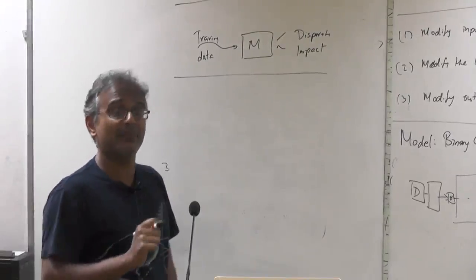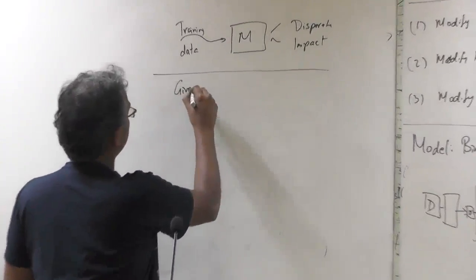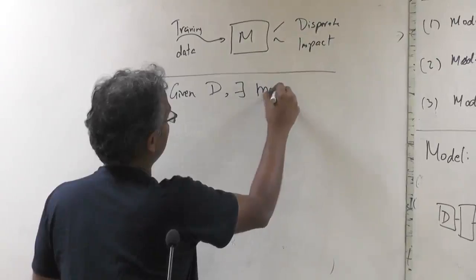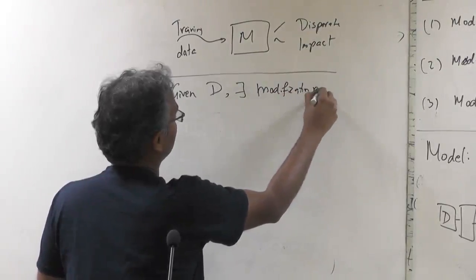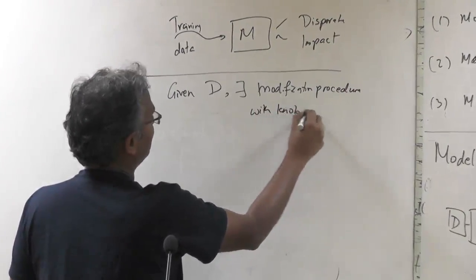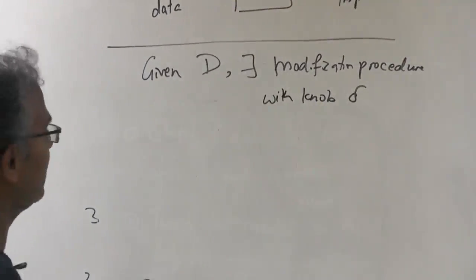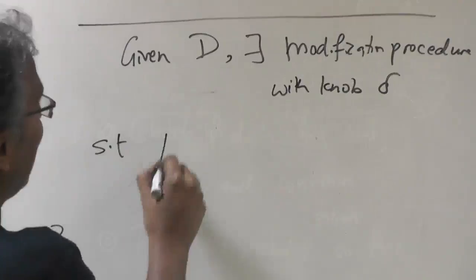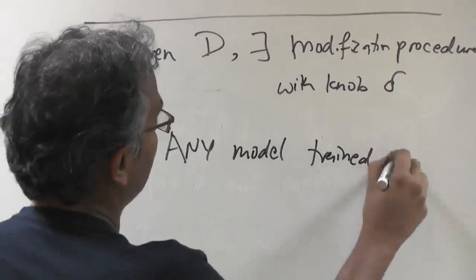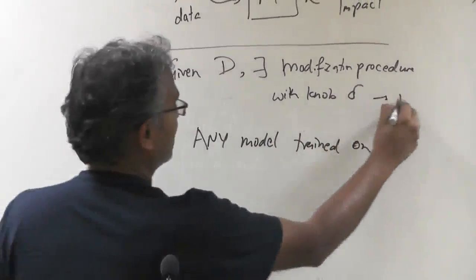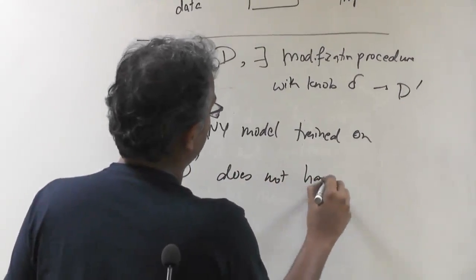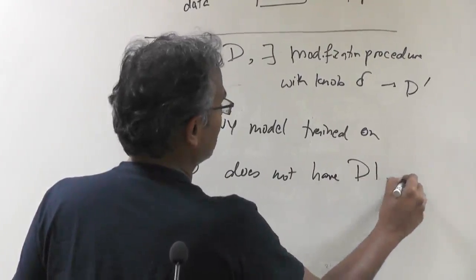So for example, could we say something like, given the data set D, there exists some modification procedure, with, let's say, a knob controlled by some parameter delta, such that any model trained on this D prime does not have disparate impact with parameter some f of delta.